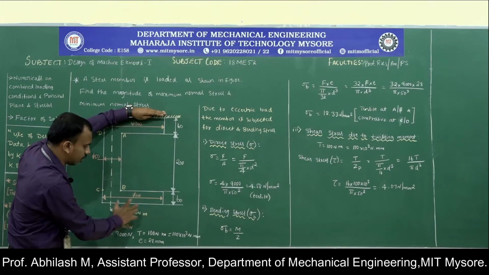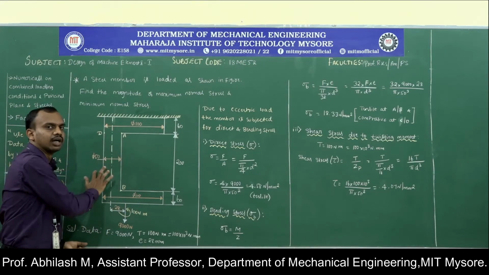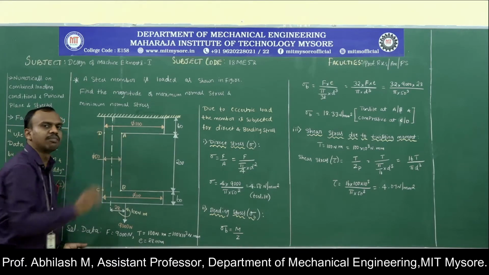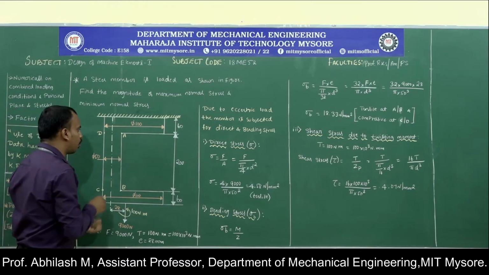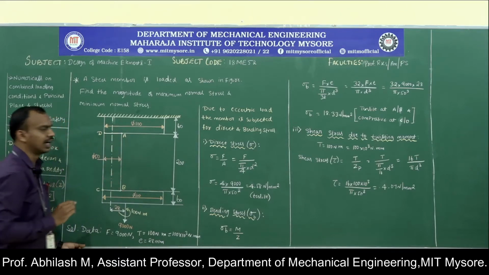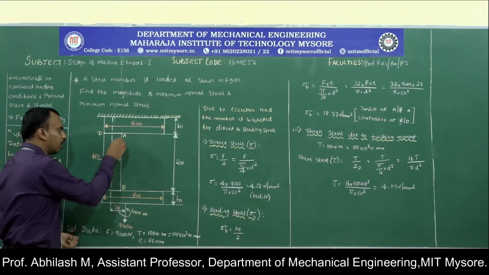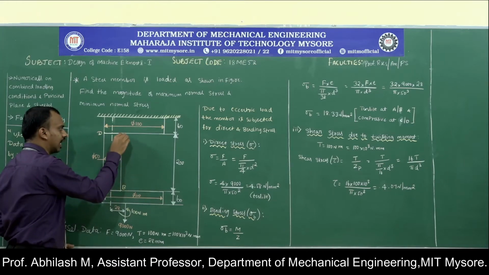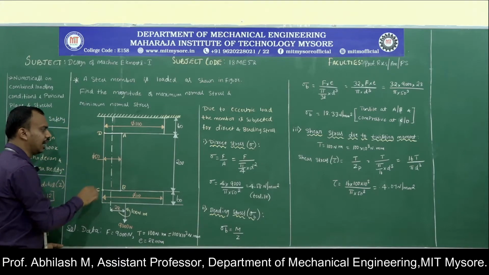Because of the eccentric load and the twisting moment, the portion having a diameter of 50 millimeter will be under the critical condition. The outer surface of that portion, we have named points A and B, whereas the other points we have named C and D.